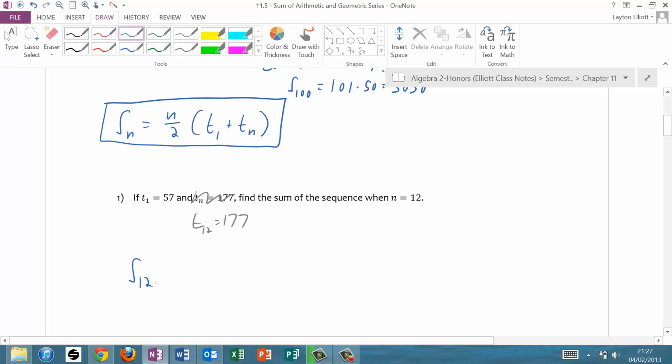This is a simple plug and chug. S of 12 is 12 over 2 times 57 plus 177. If you work that out, you get 6 times 234, which is 1044.